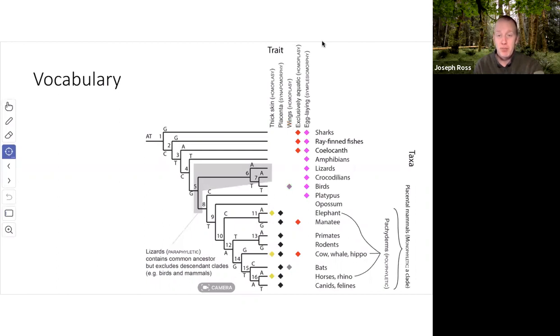Homoplasies are bad. In this case, there's a group of organisms, pachyderms is the term for these animals, elephants, hippopotamuses, and rhinoceros, that were traditionally termed pachyderms a long time ago. Pachyderm, thick skin. That's a trait, but it's a homoplasy because elephants and hippopotamuses and rhinoceroses are not close relatives to each other.